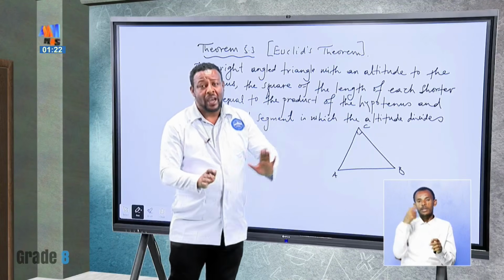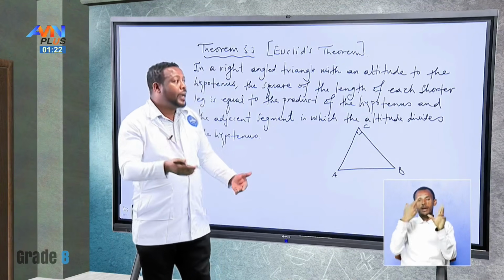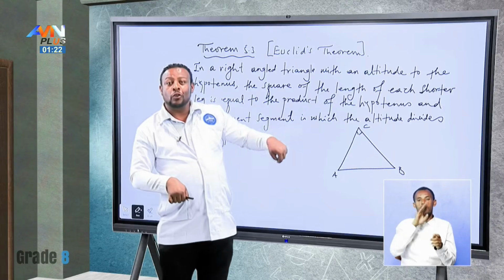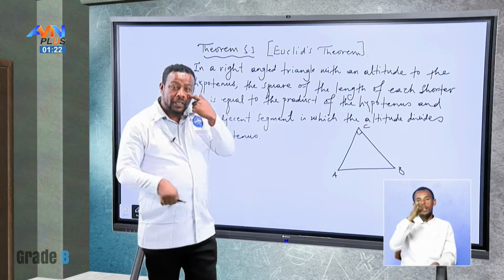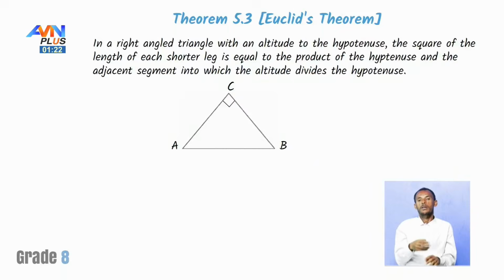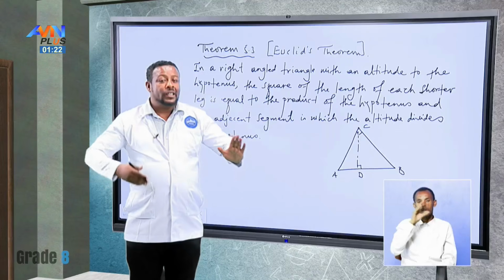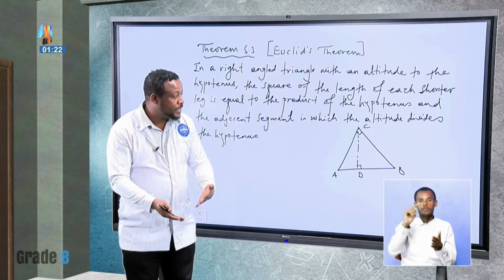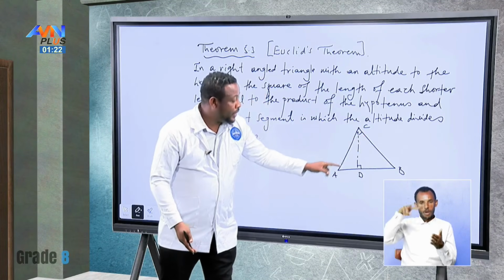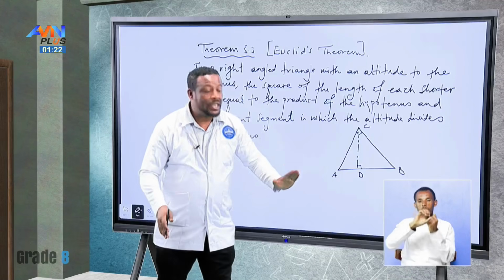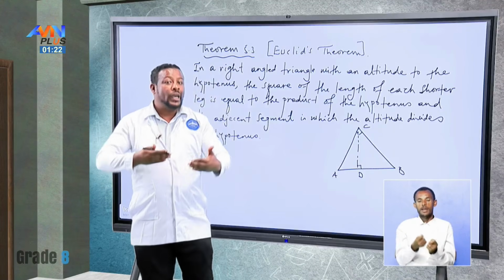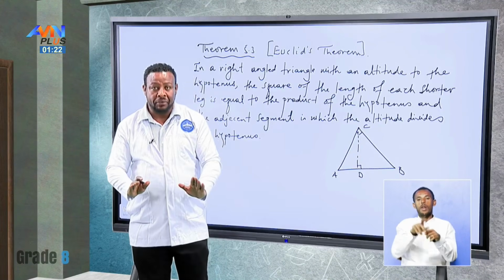Say at C we have the right angle, and there should be an altitude drawn from the 90 degrees to the hypotenuse. If you construct an altitude from C to some point on AB, say CD, CD is the altitude. Now, based on this triangle ABC, AB is the hypotenuse, so it should be the longest side, right?